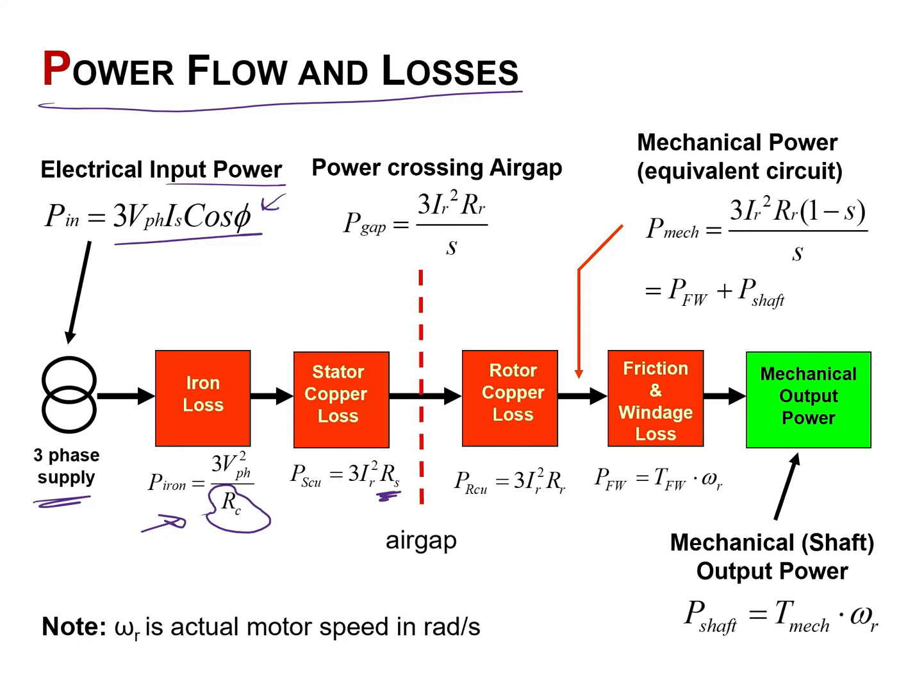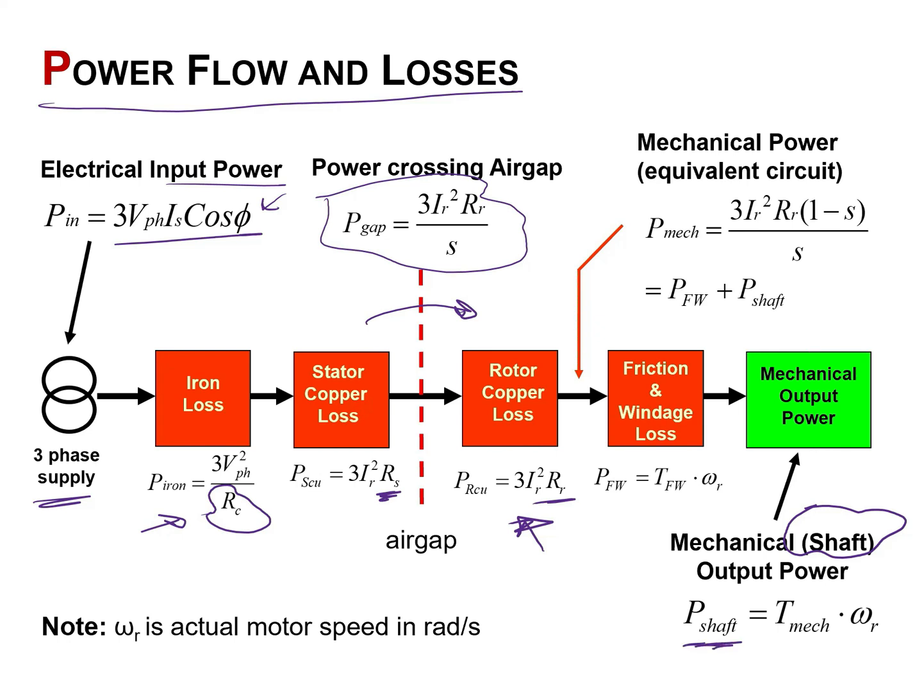And once we cross the air gap, that is the power which crosses the air gap that we have just calculated, there will be some losses due to the rotor copper in the motor, due to RR. There will also be some friction and windage losses, and after that we will get the mechanical output power. So this is actually what you will have at the shaft, and this is what will drive the load.